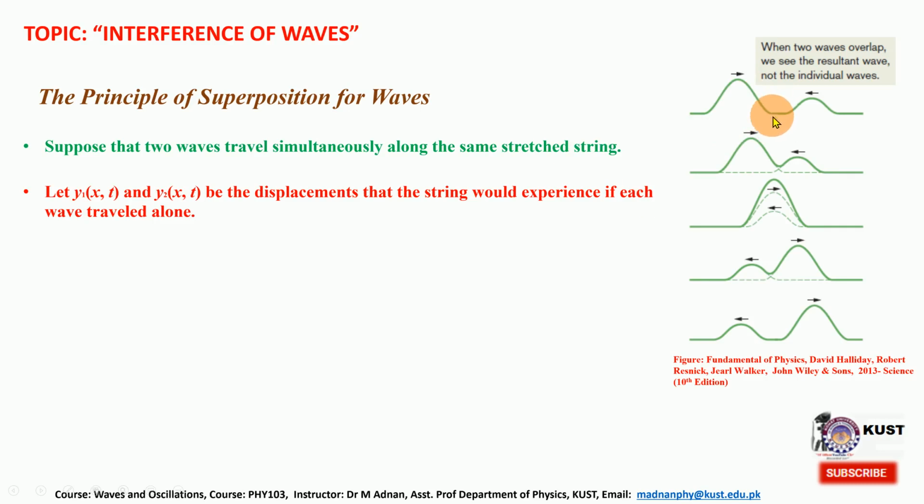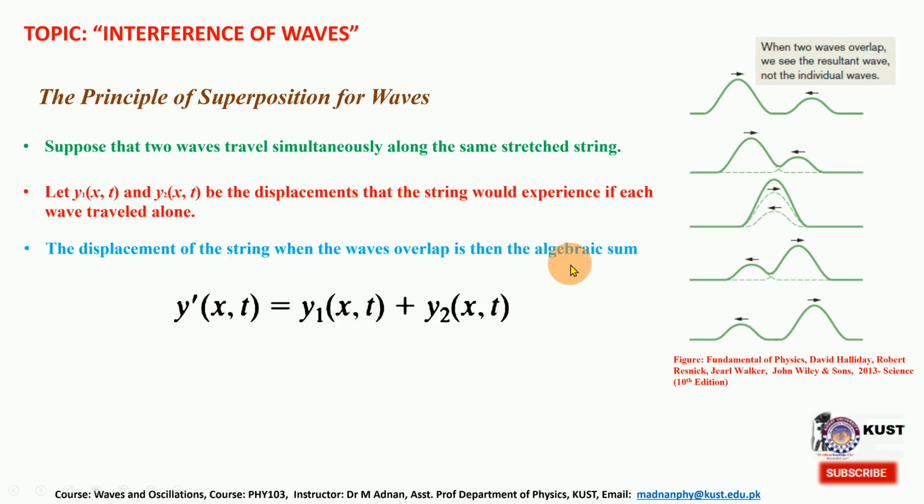So at that point, one can have the resultant wave. Let y1 and y2 be the displacements that the string would experience if each wave traveled alone. The displacement of the string when the waves overlap is then the algebraic sum, as I have explained graphically here.